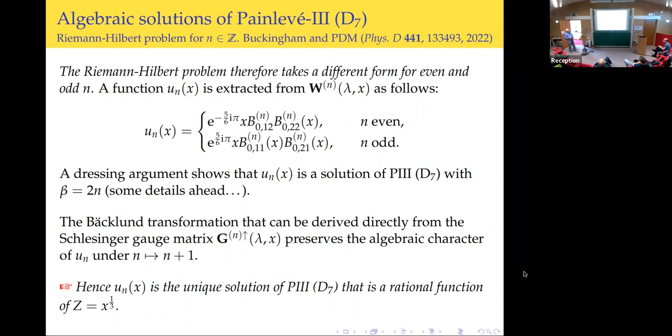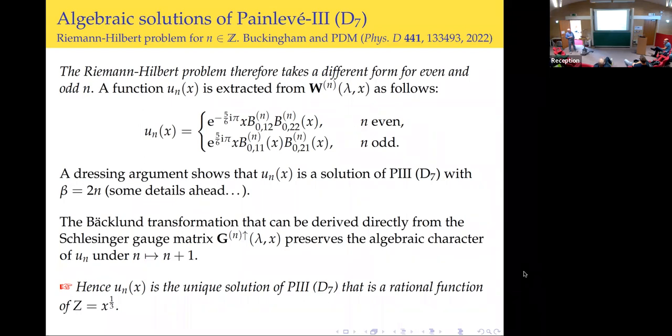So it involves always that leading coefficient at 0, the matrix B0n, but it's the product of the second column entries for the even case and the first column entries for the odd case. So then, okay, you can use a dressing argument with that Riemann-Hilbert problem to prove easily that this un function has to be some kind of solution.